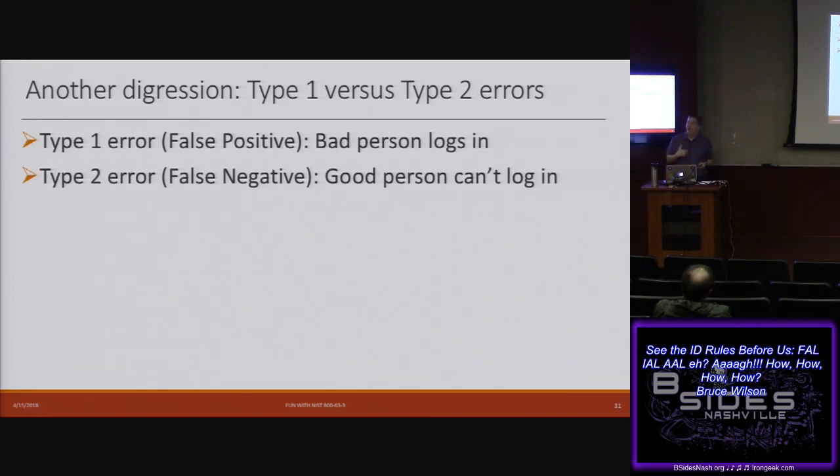And so I also have to be concerned about a type 2 error, otherwise known as a false negative. Like my lab director can't log into his laptop. That can be a little bit of a problem. And foreshadowing a little bit, Rev 3 really, I think, starts to take some of these things into account.